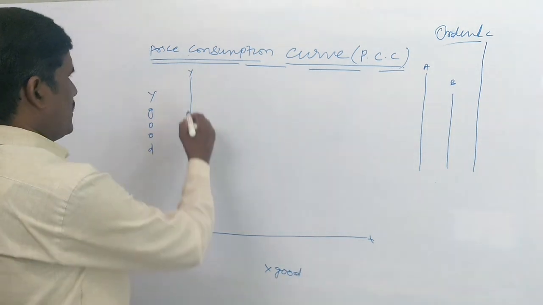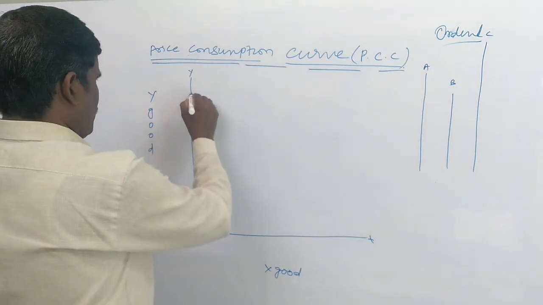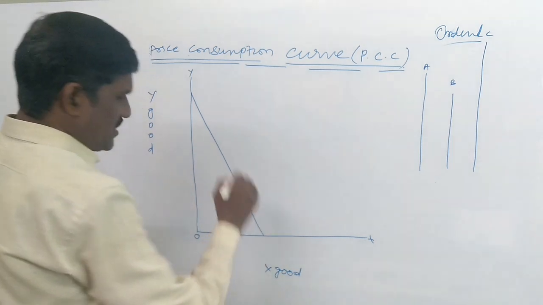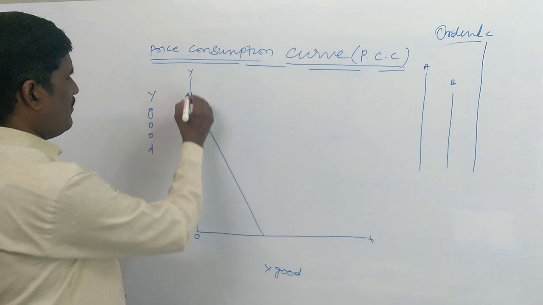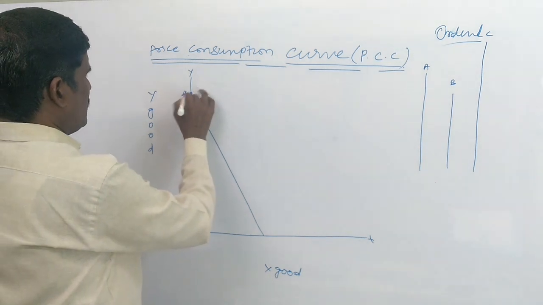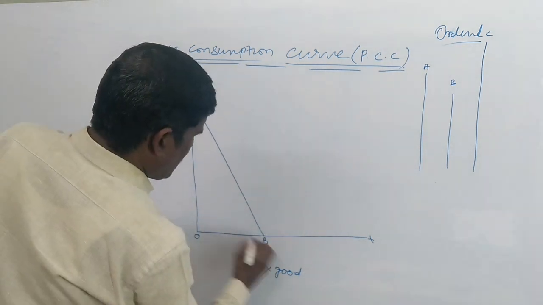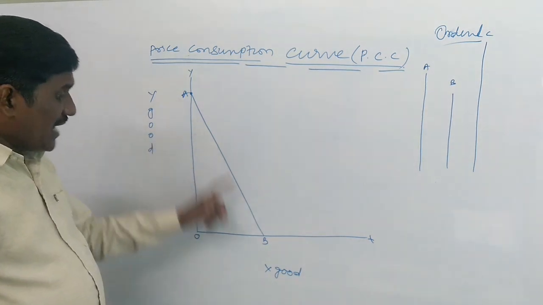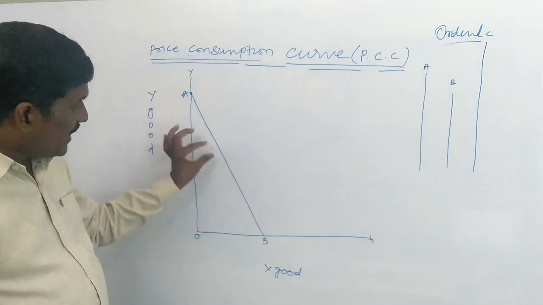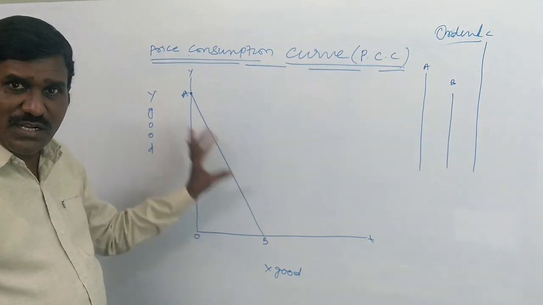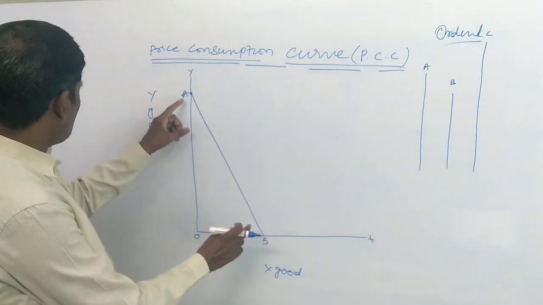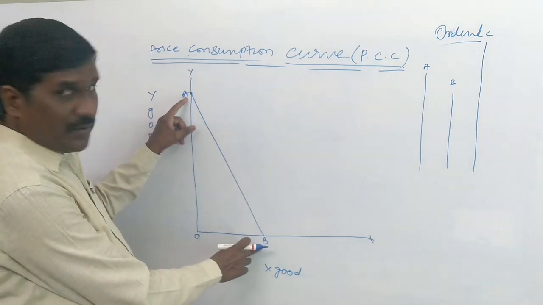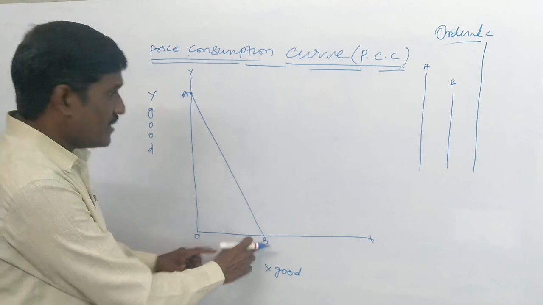Then this is the budget line, AB. AB is the budget line, showing how much income the consumer has.